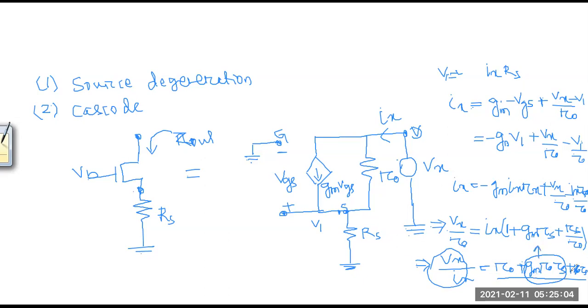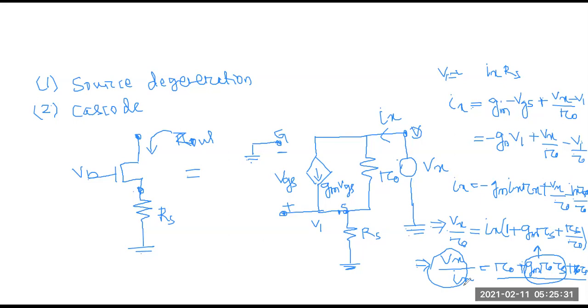So now the total resistance is Gm R0 into Rs. Initially, in the first case without degeneration, what was the resistance? Only R0. Now we get Gm into Rs, that is the gain of this transistor. Gm Rs is multiplied. So the overall output resistance is increased or not?